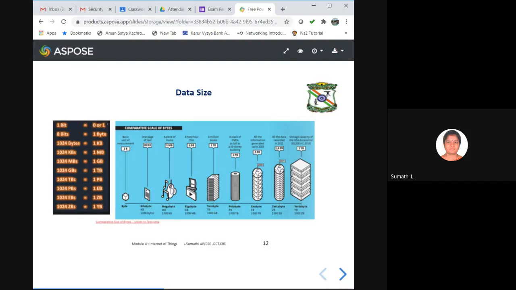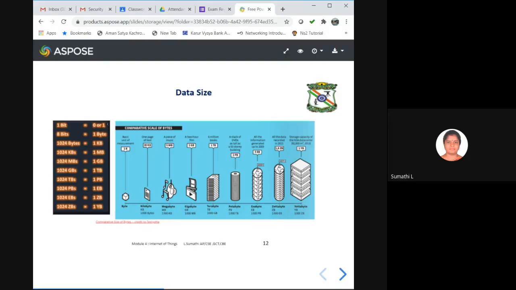What is a petabyte of data? It is nothing but 1000 terabytes. What is 1000 terabytes? It is 1000 gigabytes. What is 1000 gigabytes? It is 1000 megabytes, right? I have put this slide so that you can visualize how much volume of data we are handling today.